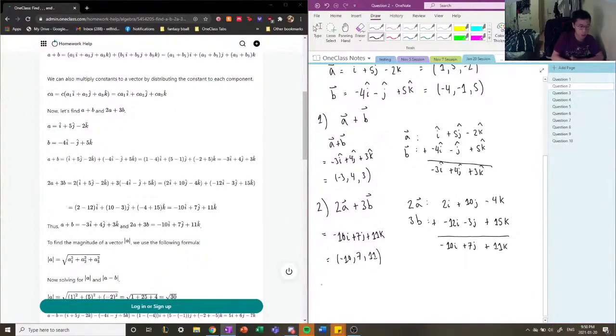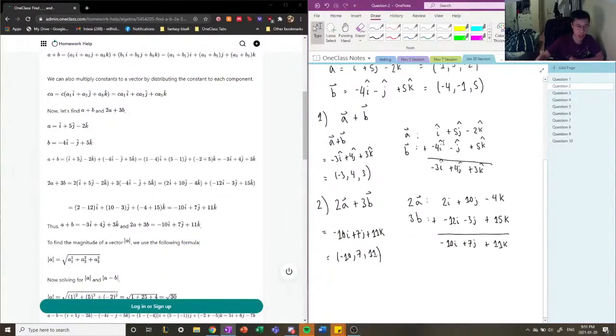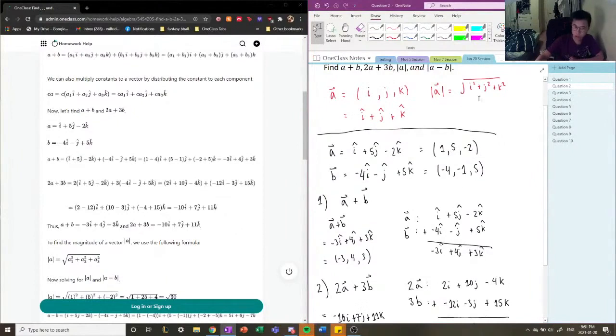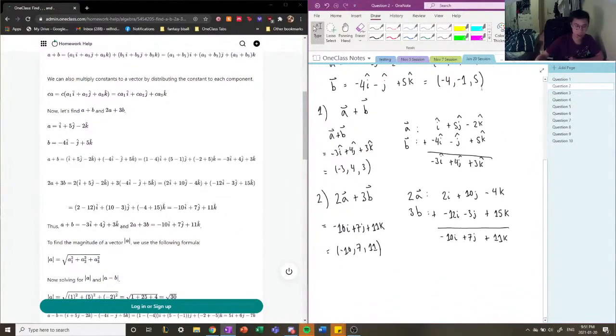Now we're going to look at the magnitude of vector A, and like I said in our formula, this is how you calculate the magnitude of any vector. For calculating the magnitude of A, we have to calculate the square root of the squares of each component. So it's going to be 1 squared plus 5 squared plus negative 2 squared.